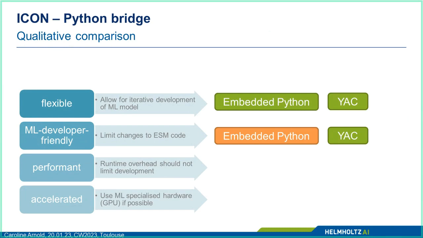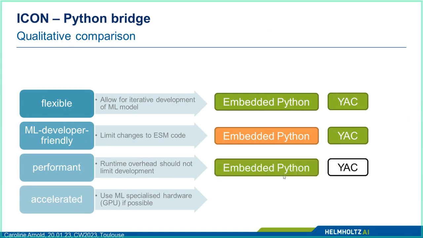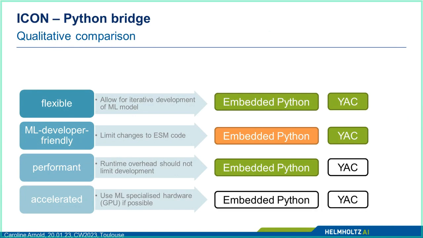It's way less headache, at least for me. We'll see how that generalizes to other ML developers. In terms of performance, for the stuff that we need to do, we're kind of satisfied with the embedded Python solution. For YAC, we will see if we can get it a bit faster. And we did not get around yet to using accelerated hardware, but we will do that in the future.